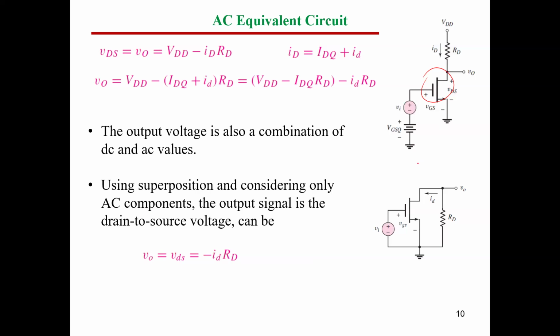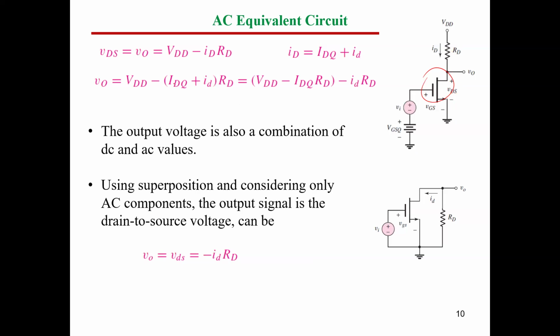So firstly, we agree that VDS equals the output. The output of our amplifier is going to be the DS volt. Again, little v, capital DS means the complete instantaneous waveform or the complete instantaneous signal.